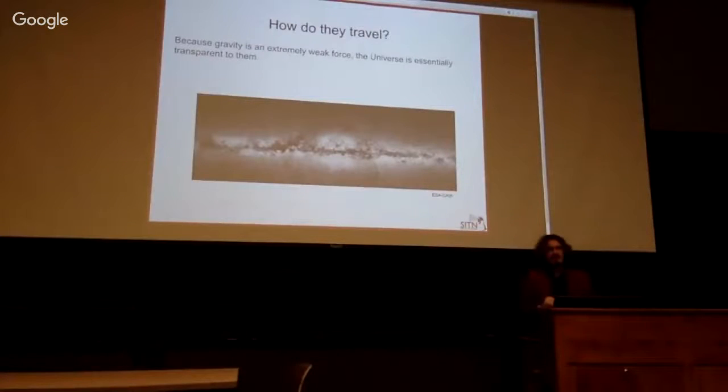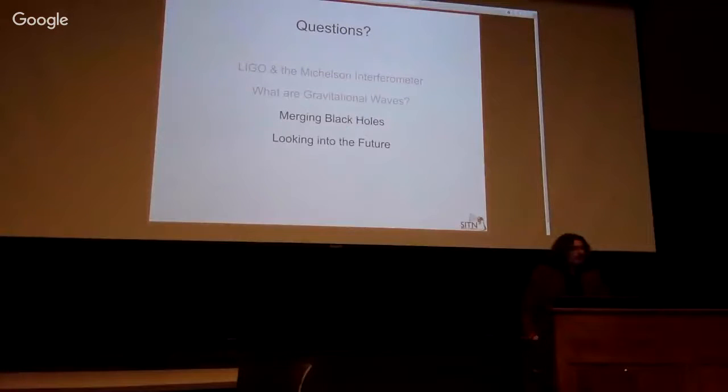So we can use these gravitational waves actually to see what's inside this opaque region. And these usually will turn out to be either colliding or revolving neutron stars. Okay, I will stop here and take questions.